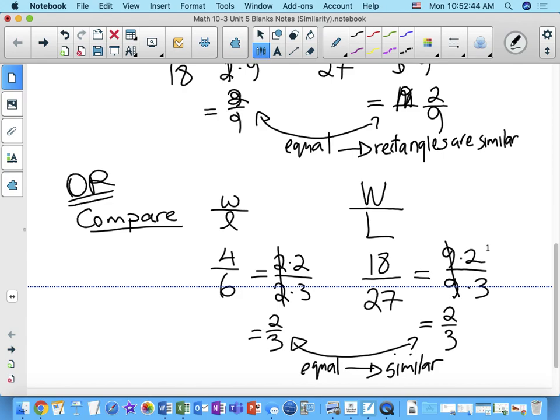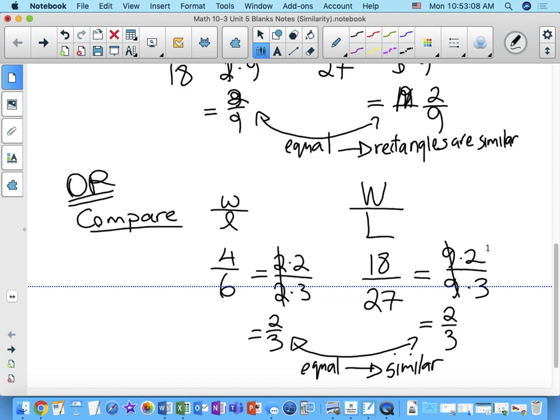So this is kind of a brief overview of what you would have seen before. Now, another word that comes up with similarity is something called scale factor. Put your hand up if you remember scale factor. Okay, a bunch of you remember scale factor.